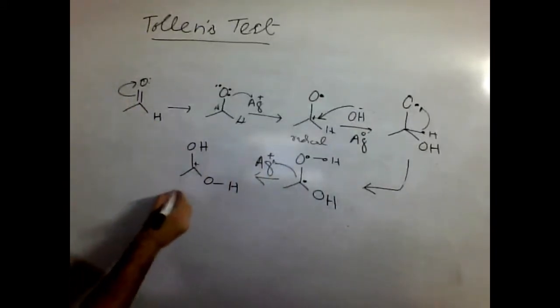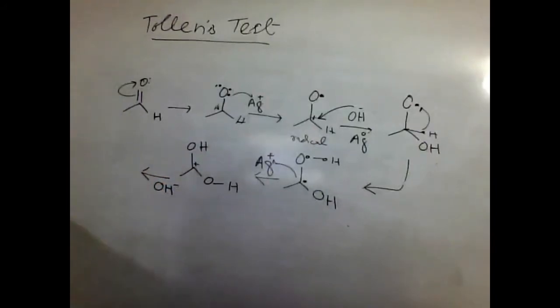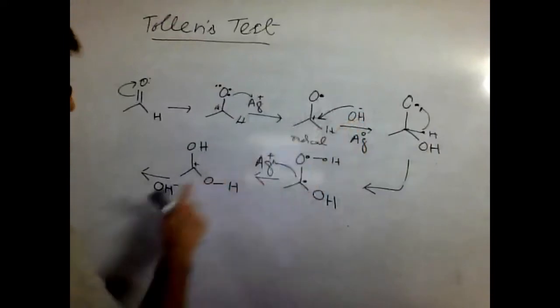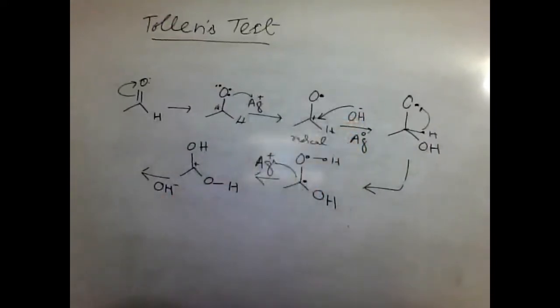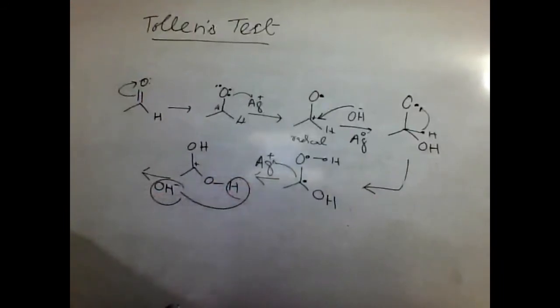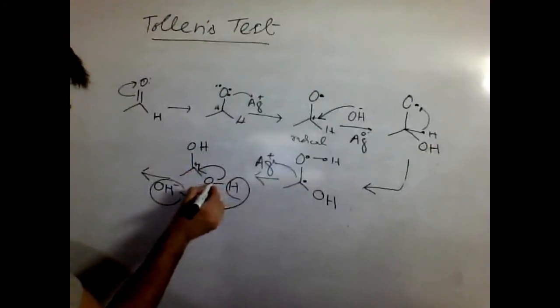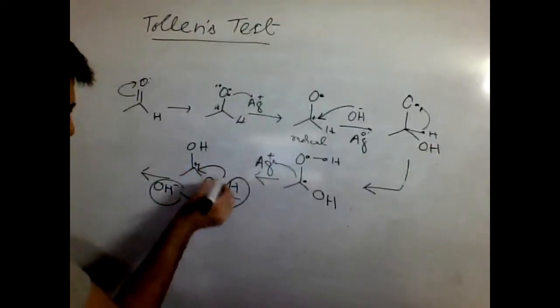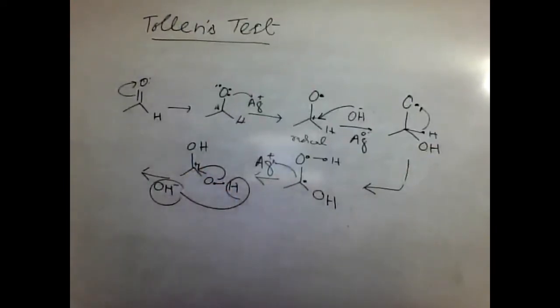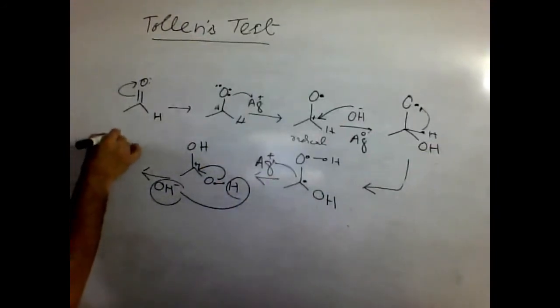Inside the test tube we have hydroxyls available from the ammonium hydroxide. Those hydroxyls are around. So what can happen? This hydroxyl can abstract this proton, and then this bond moves from here to generate a double bond between carbon and oxygen. So we will have something like that.